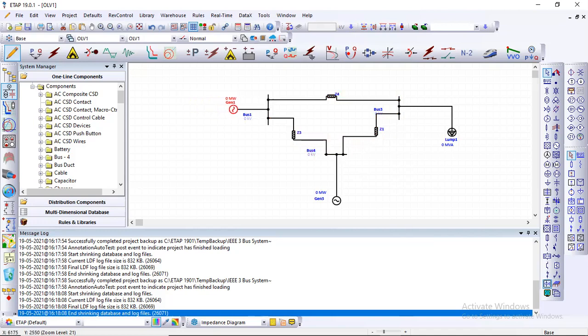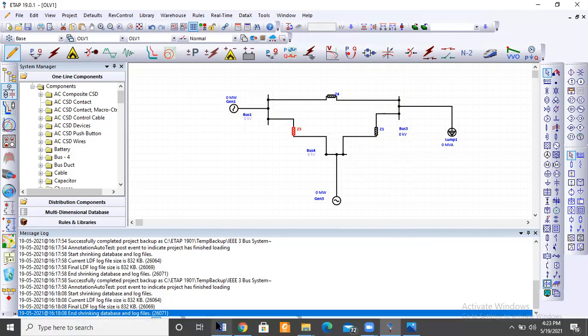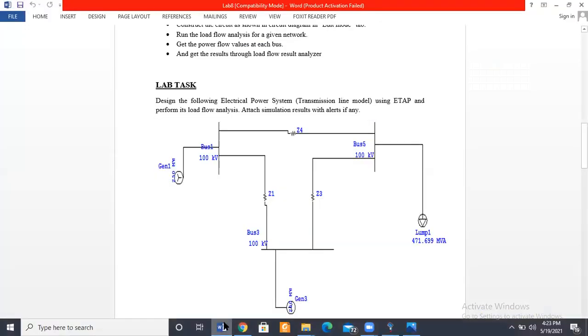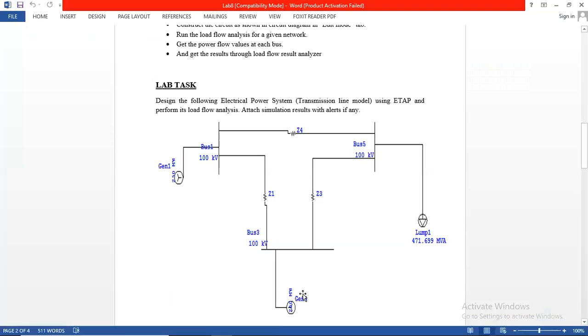As you can see, this first indication can be placed from this side, from this side. Hopefully all things are fine, but we also have to see that this is the complete model of the IEEE three bus system, in which two generators and one lump load are connected here, three buses, and three impedances of transmission lines.